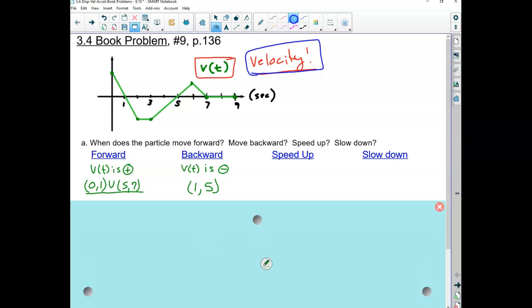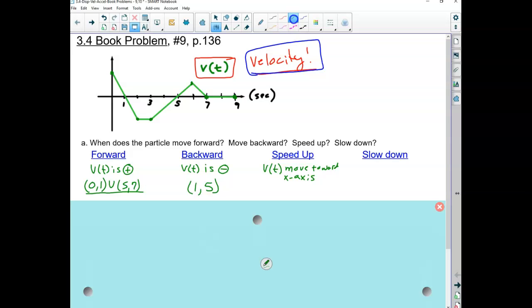Okay? When is it speeding up? Well, remember, when we're looking at velocity, speeding up is when v of t moves toward the x-axis. So when is it moving toward the x-axis?